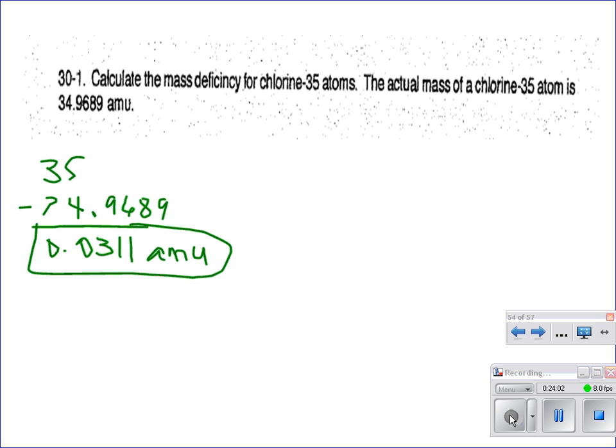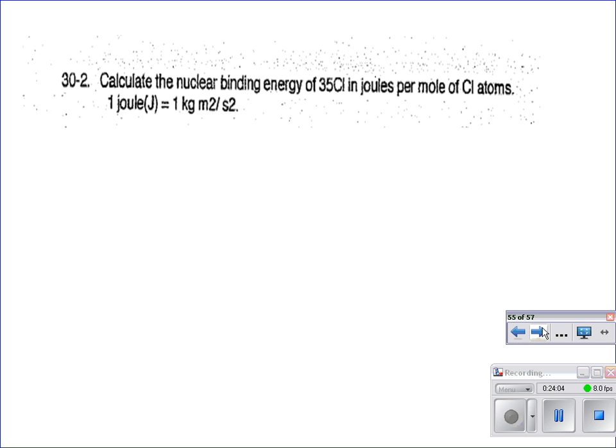So just remember this number, because the next thing then is calculate the binding energy. So what was that AMU value? 0.0311 AMUs. Now here's the difference between the last problem and this problem. In the last problem it said calculate the energy lost in just joules. This is wanting binding energy in joules per mole.